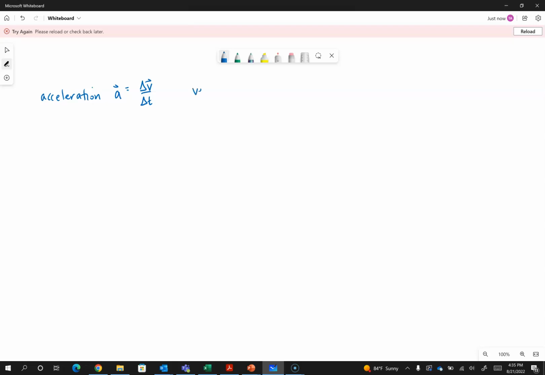Because velocity is speed and direction, we can change speed. So acceleration means if we speed up, that is an acceleration was required. We could also slow down. That's a change in speed. But the physics definition of acceleration is any change in velocity.